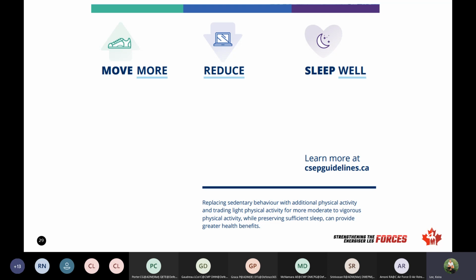I did talk a little bit about taking standing breaks, but on top of that, we want to reduce our sedentary screen time. That comes with replacing TV watching or playing on the iPad or the phone with going for a walk, or stretching, or listening to a podcast while you're walking on a treadmill or cycling outside, right?